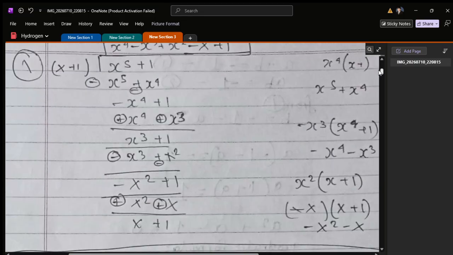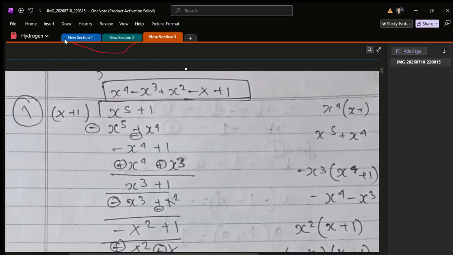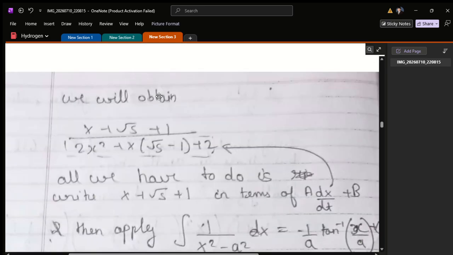Coming over here, x plus 1 is a factor. We will divide the polynomial by x plus 1 so as to obtain this polynomial of fourth power.